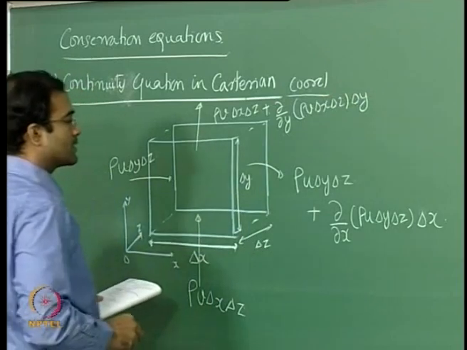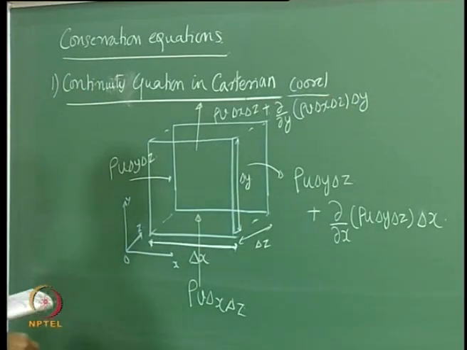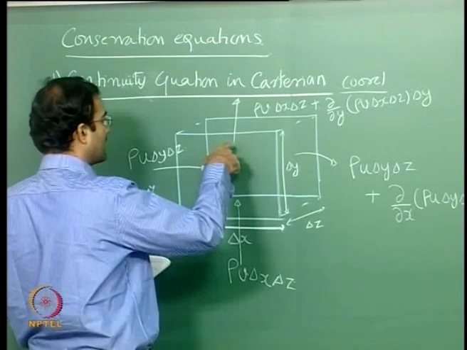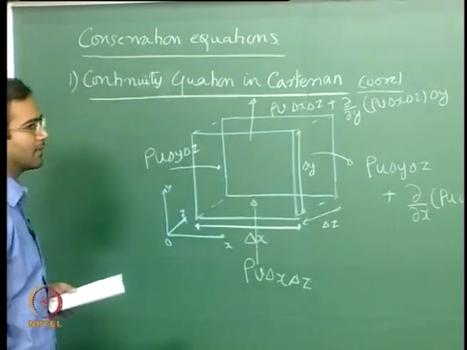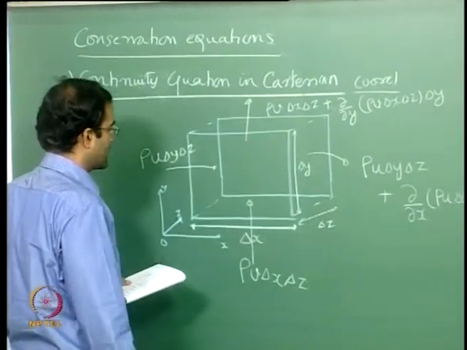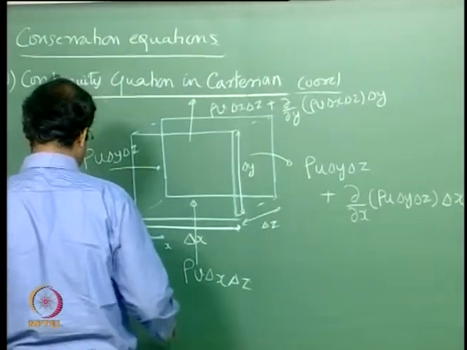This is again by using the Taylor series expansion. From the quantity at y equal to 0, you can write down the quantity at y equal to delta y using the Taylor series expansion. The same thing can be done in the z direction as well.